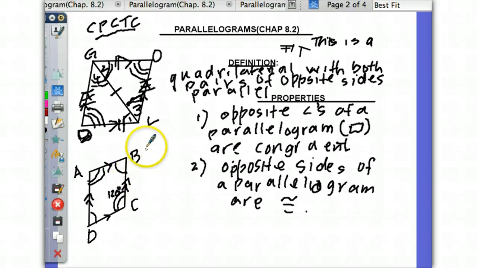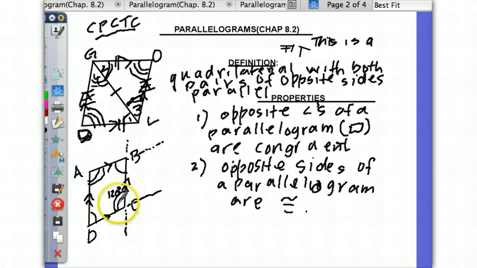It would be 60. So how do you know? Well, let me just do a little drawing here. If I consider this to be continued here, kind of like a transversal, these are parallel lines cut by a transversal, and these two angles here, who remembers what they're called?